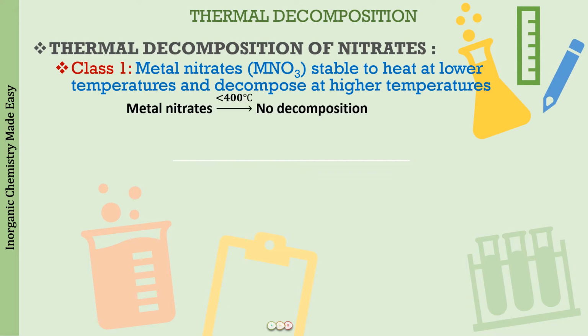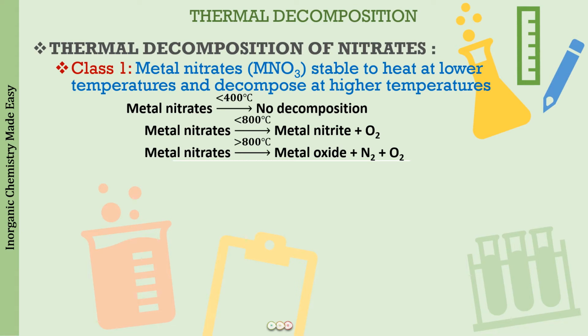What that means is that below 400 degrees Celsius, there is going to be no decomposition. Between 400 to 800 degrees Celsius, they are going to decompose to form metal nitrite and oxygen, and above 800 degrees Celsius, it is going to be a decomposition into metal oxide, nitrogen and oxygen.